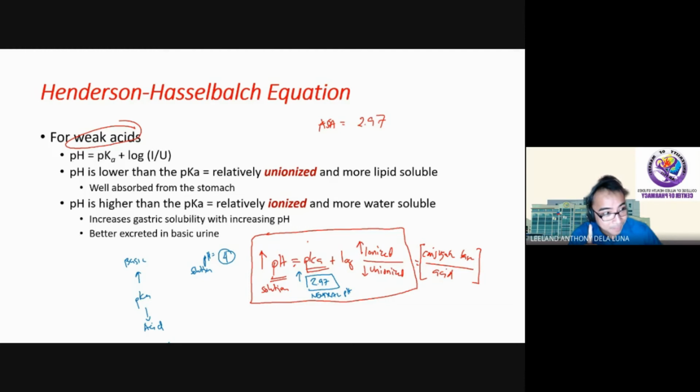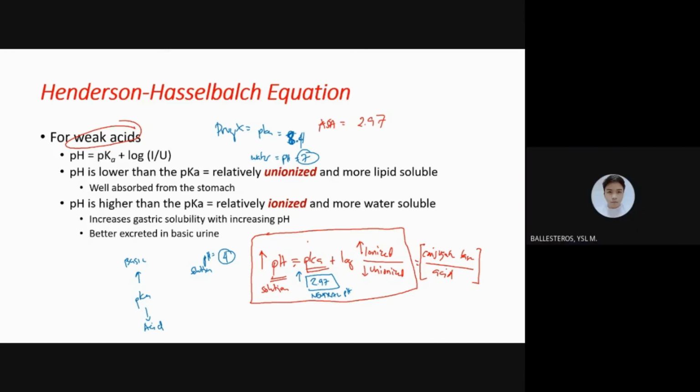Make sense? So, halimbawa, class, may gamot ako, drug X. Kunwari, ang pKa niya is 8.4. Kunwari lang, 8.4 ang pKa niya. So, class, pag in-expose ko to sa water, whose pH is 7, para kay drug X, whose pKa is 8.4, ano si water? Acid or base?